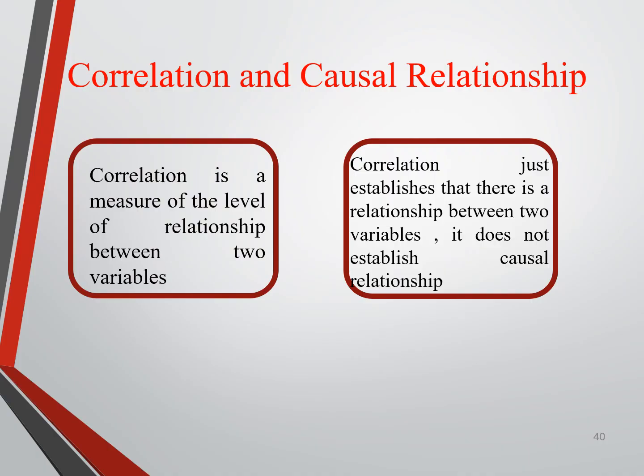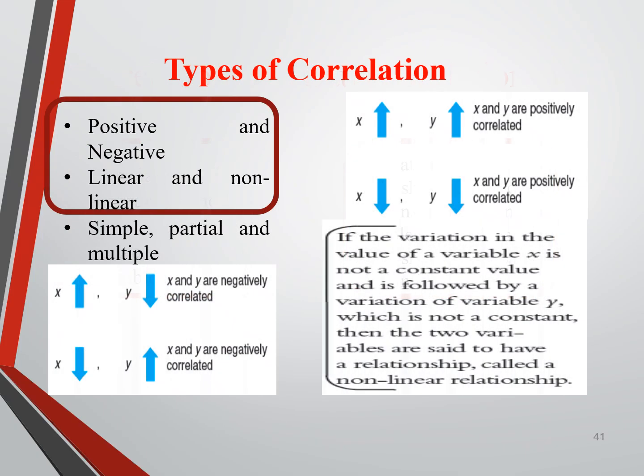If it is more than -0.8 or +0.8, it indicates cause and effect relationships. Here I have given a design: x increases, y increases, it means they are positively correlated.